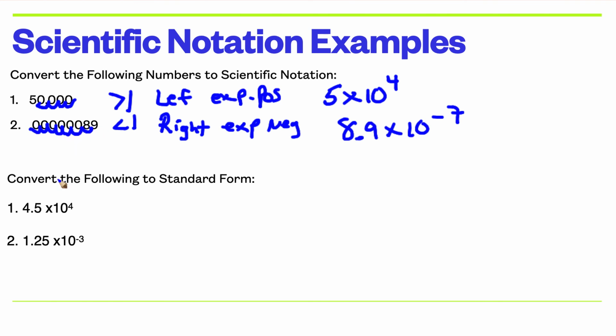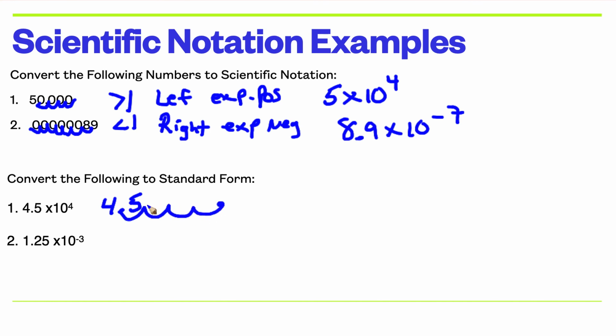Now we're going to convert the following to standard form, so we're going to get out of scientific notation. I'm going to write my 4.5 down, and it says times 10 to the 4th. So we're going to go opposite now, to the right. So 1, 2, 3, 4.